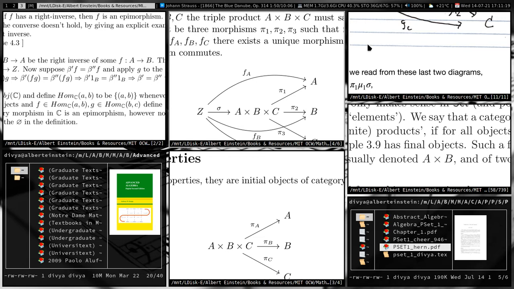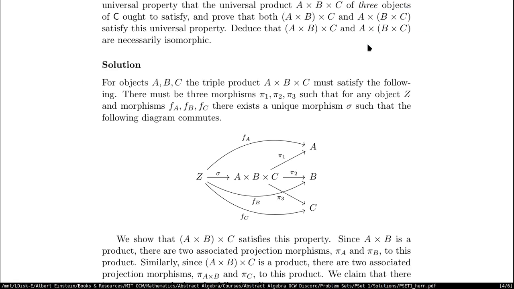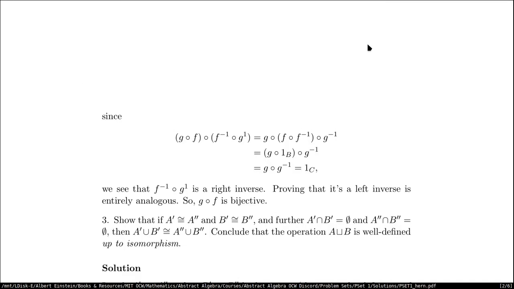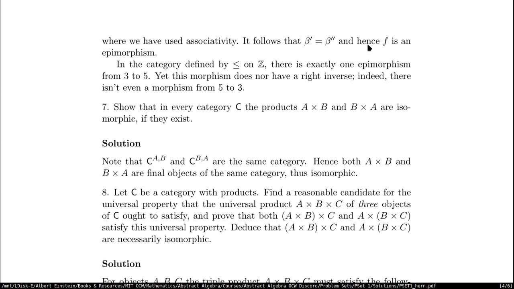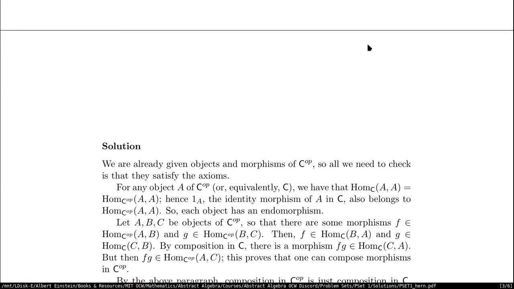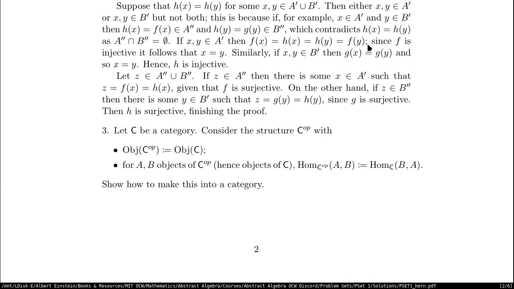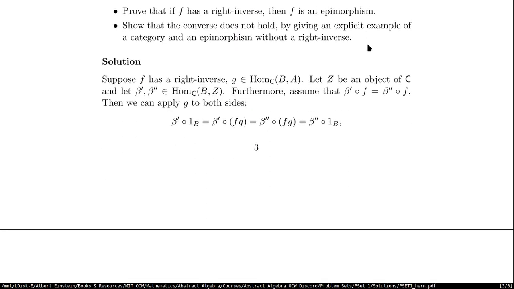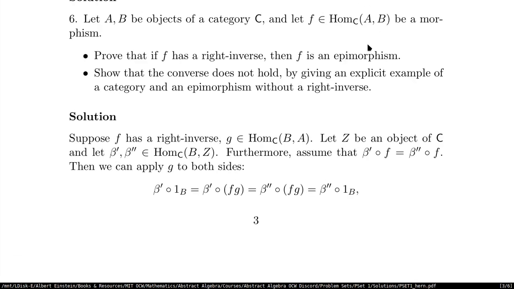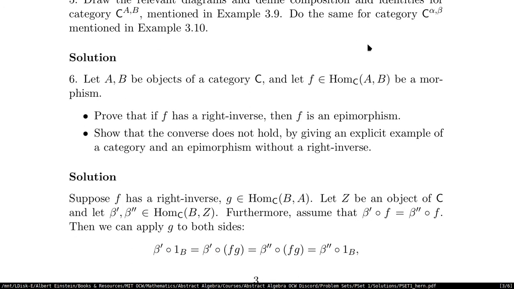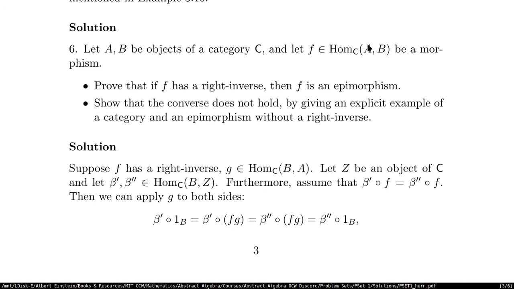Okay, let's see the solutions. This is again Hearn's solution, I guess. So you have a right inverse. You take that to be g. Then you have an object of the category. Then from the definition of the epimorphism, you have beta prime and beta double prime going from beta to z.